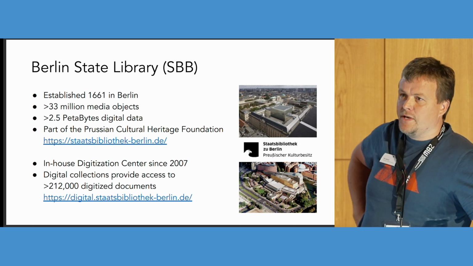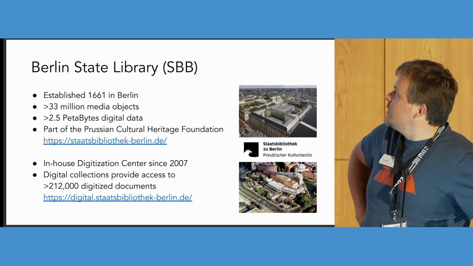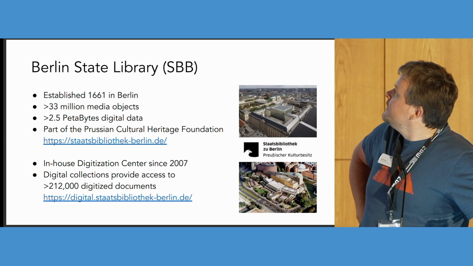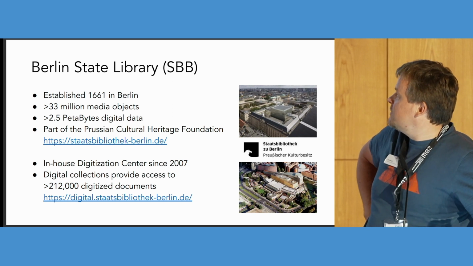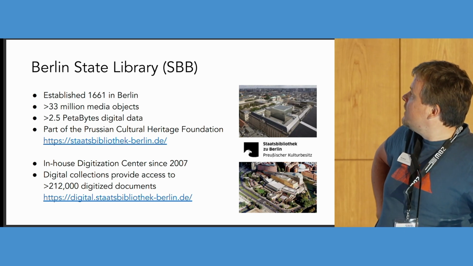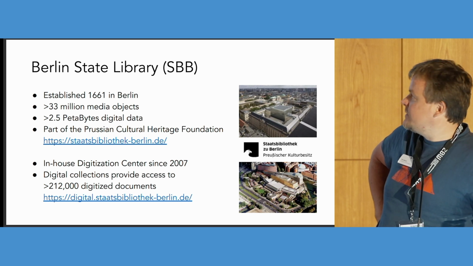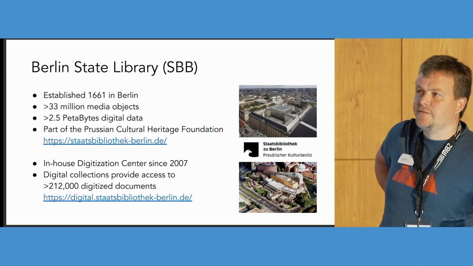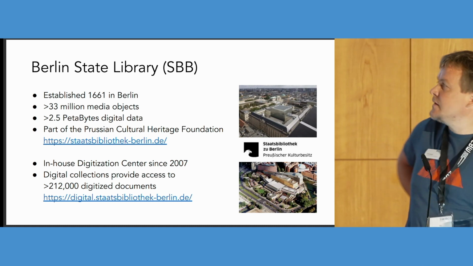And of course, we also have a pretty big digital inventory, more than 2.5 petabytes currently and growing. We are part of the Prussian Cultural Heritage Foundation. And since 2007, there is an in-house digitization center which continues to digitize historical books, documents, newspapers.